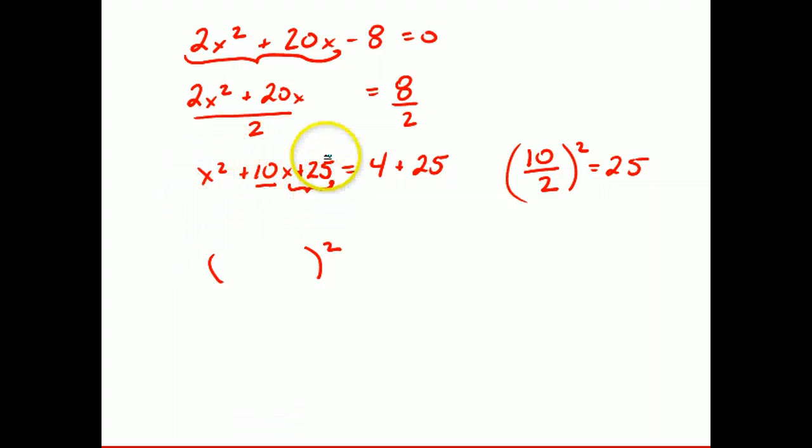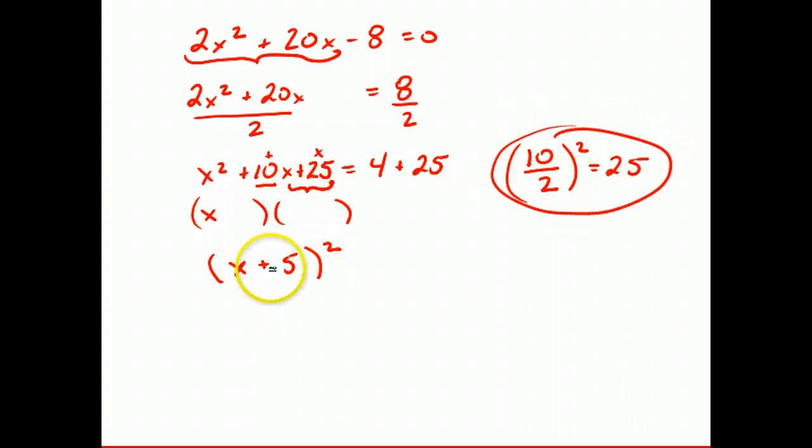So I factor this, and knowing that I made a binomial perfect, I know I can put in x plus 5 there, all squared. Okay, so I guess if you wanted to factor it, you could find your two numbers that multiply to 25 and add to 10 here, but because of what we did here, we know it's going to give me a perfect square.